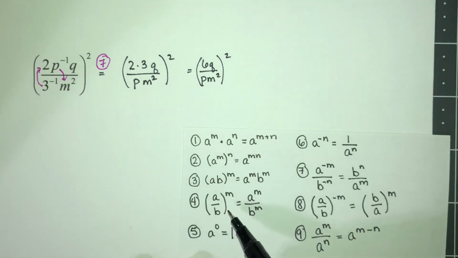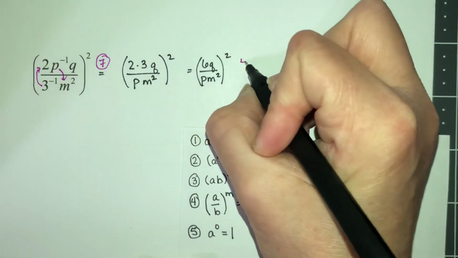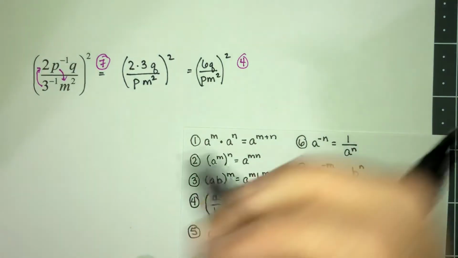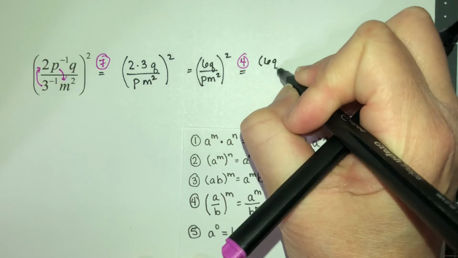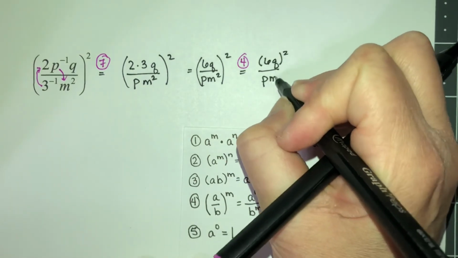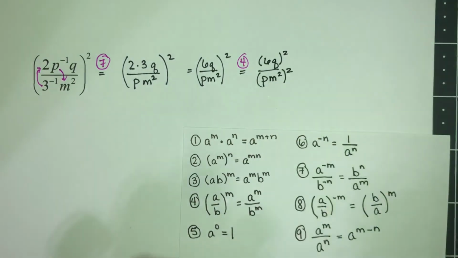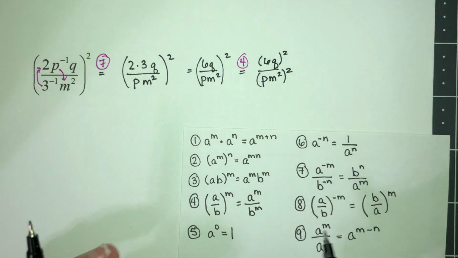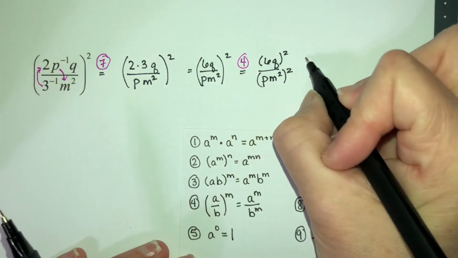Now I'm going to use property number 4 and take this square and apply it to the top and the bottom. Now we have property number 3 in the top and the bottom.